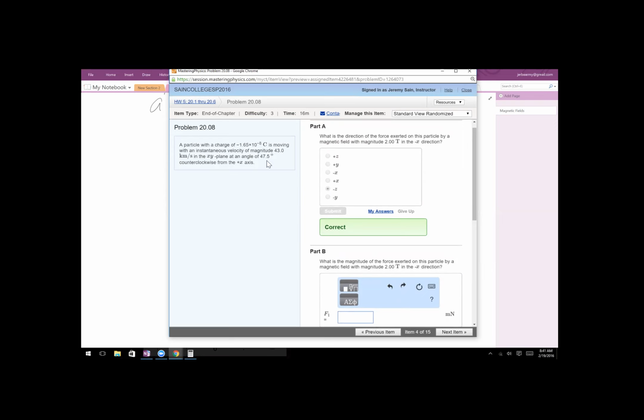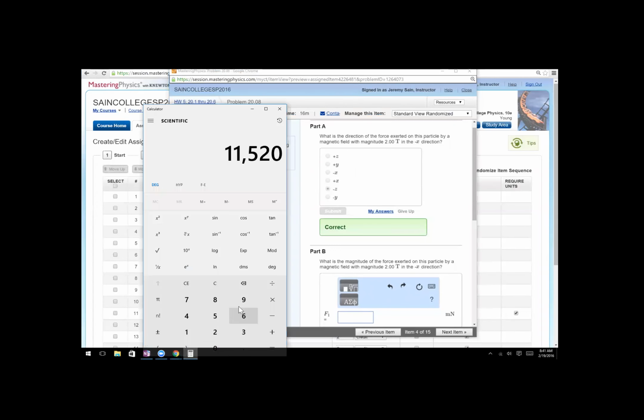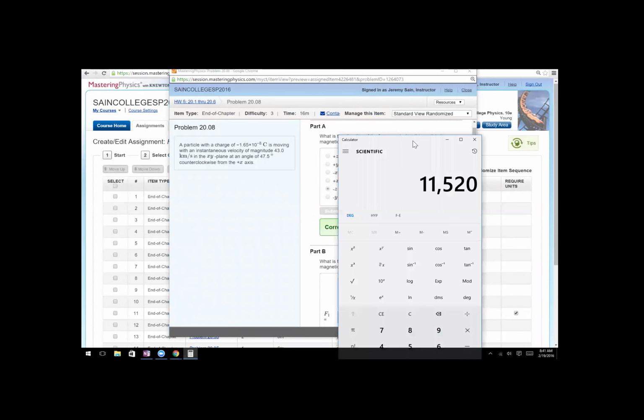So I've got, where's the problem? There we go. So my Q is 1.65. My V is 43,000. And my theta, well, it's really 180 minus 47.5, which is 132.5.